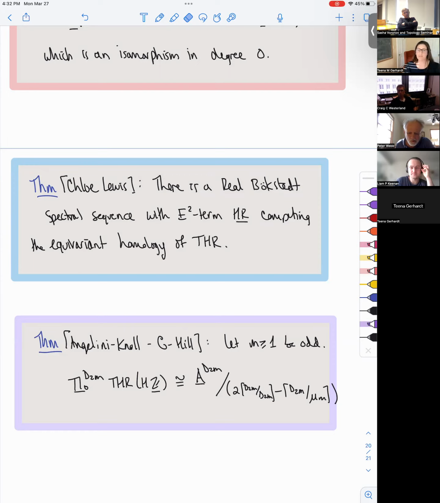The details are less important, but I just want to argue that because real Hochschild homology is purely algebraic, you can use homological algebra tools for Mackey functors, and you can do explicit calculations at the level of pi0, where you know that you have this isomorphism.